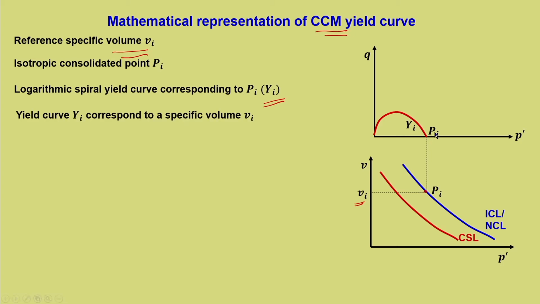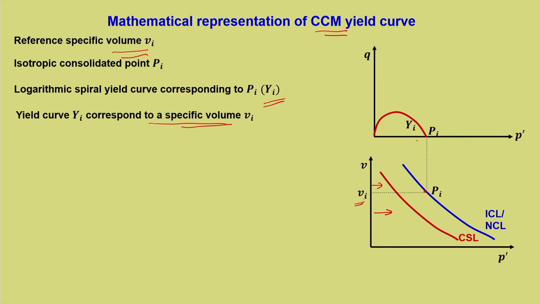Now, yield curve Yi corresponds to a specific volume Vi. We need to understand that this particular yield curve is specific to this particular specific volume Vi. Now, as the specific volume changes, P is going to change. So, let us say if it is above or below, Pi will also change. Now, when Pi changes, the yield curve also changes.